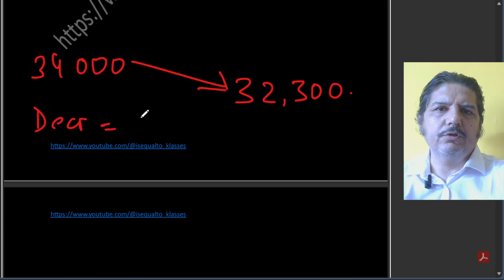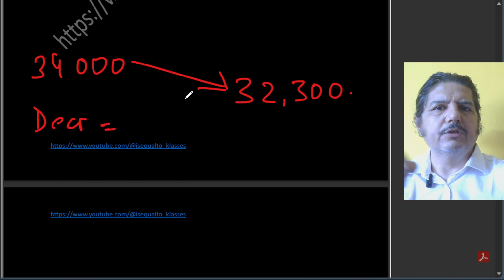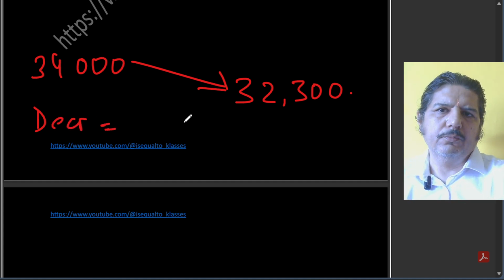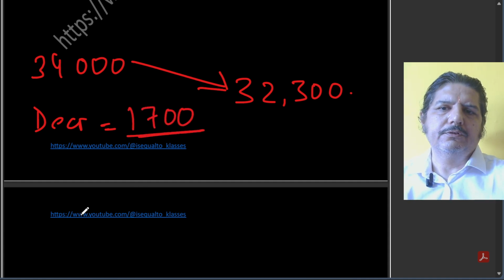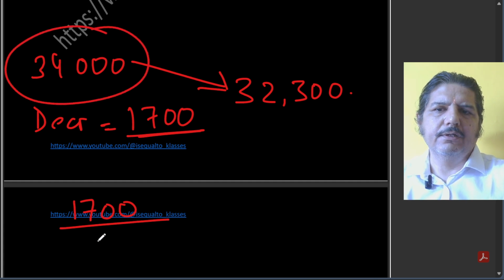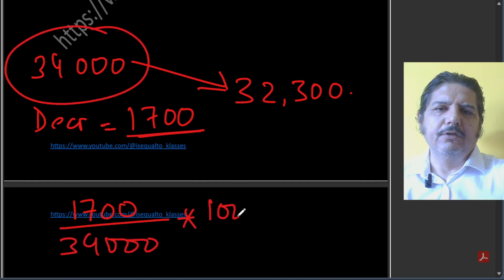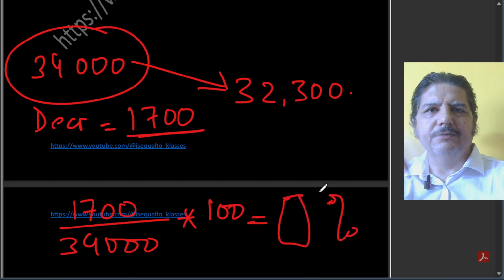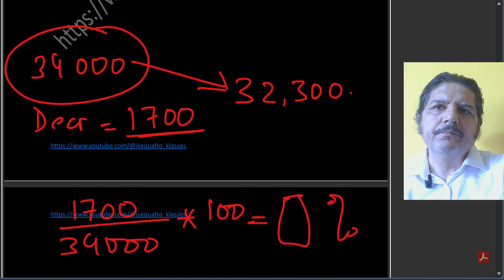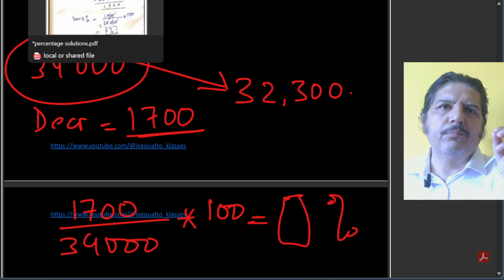The decrease was 34,000 minus 32,300, so it is 1,700. Now 1,700 divided by the original. Original is 34,000 multiplied by 100. So you calculate this, and this will give you the percentage decrease. Hope this is making sense. This is one of the important concepts.